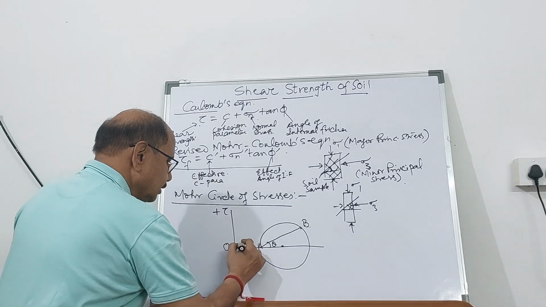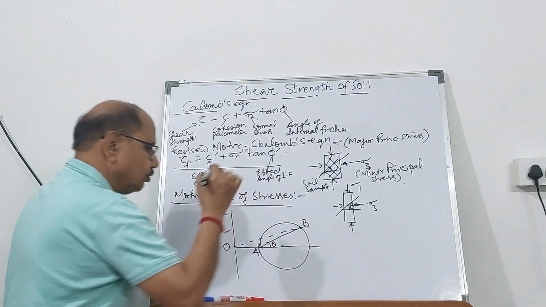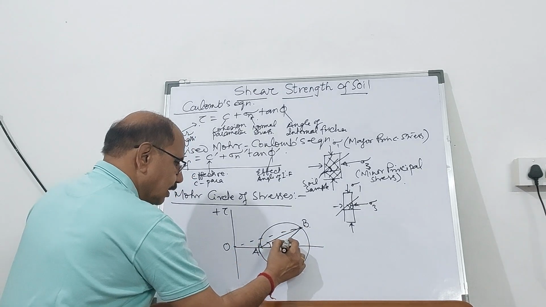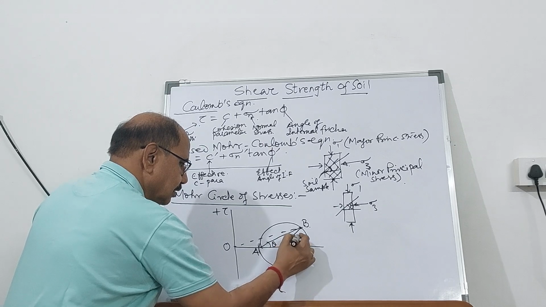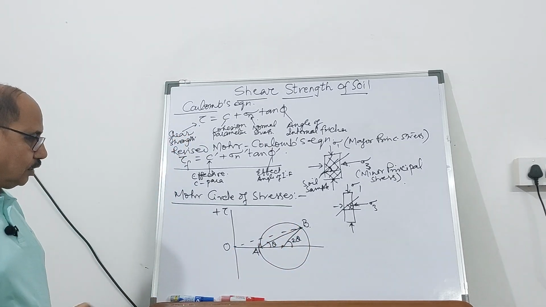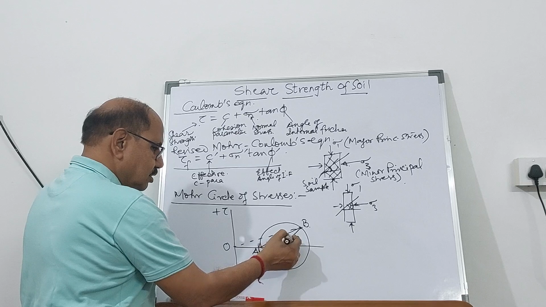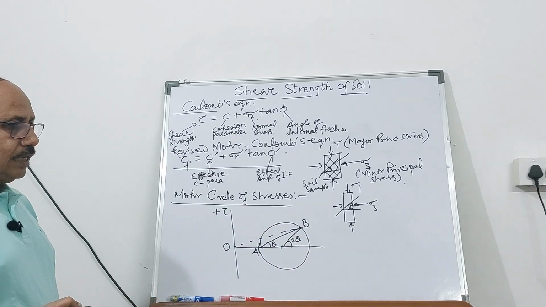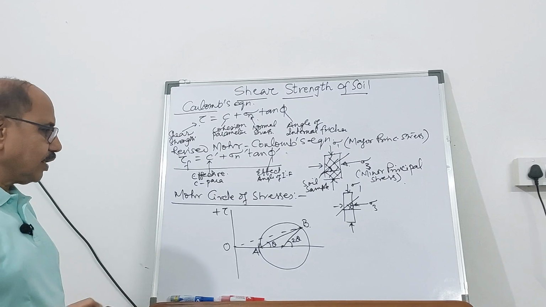This is the origin. You can join this point, and this angle is going to be 2 theta. These are the radii, so this angle and this angle become equal, and therefore the external angle becomes 2 theta.